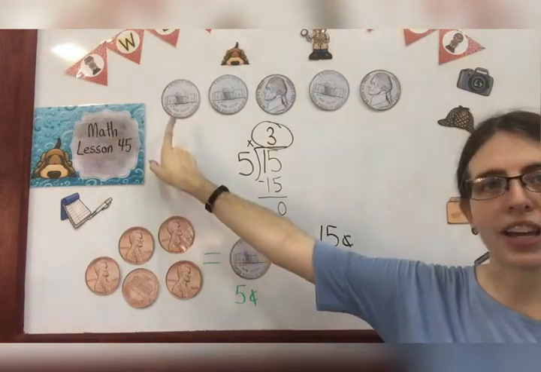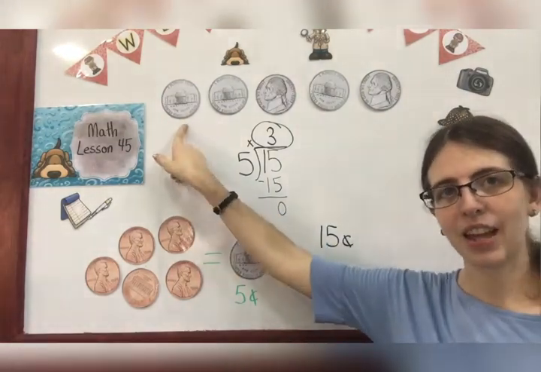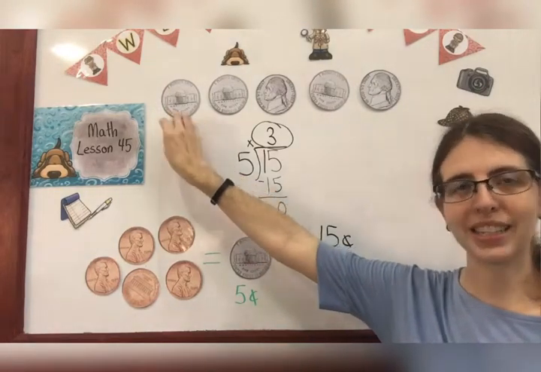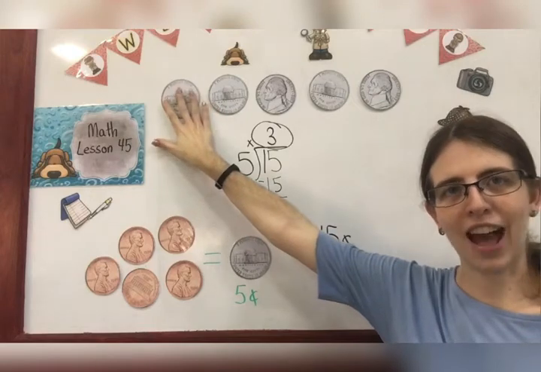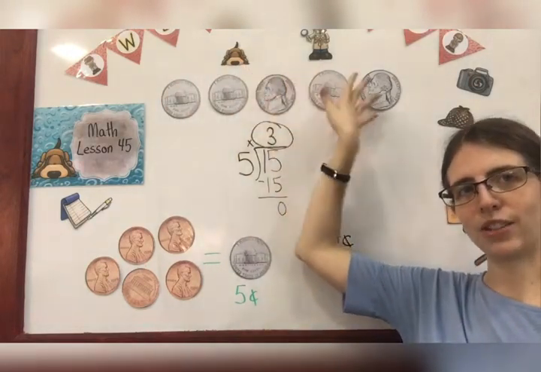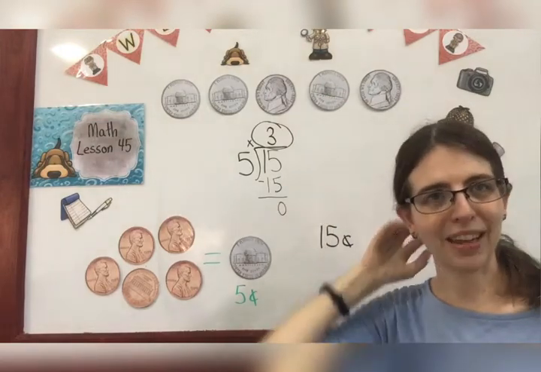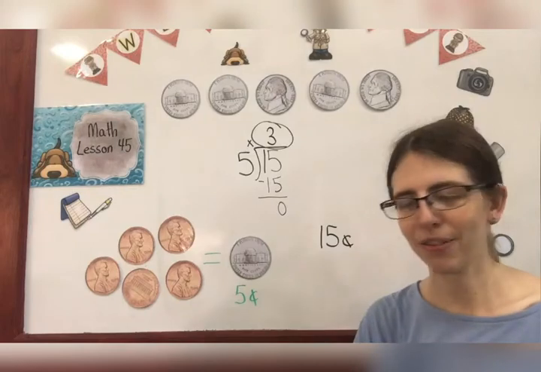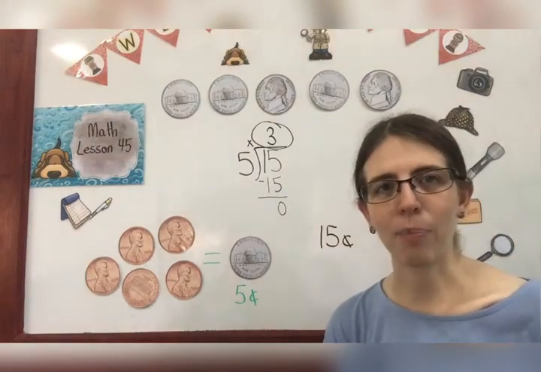So you have a group of 5 pennies. For each group of 5 pennies, I have a nickel, because a nickel is worth 5 pennies. 5, 10, 15, 20, 25, and yours keeps going. So when you count your pennies, you count in groups of 5. This is how we use it to help us.